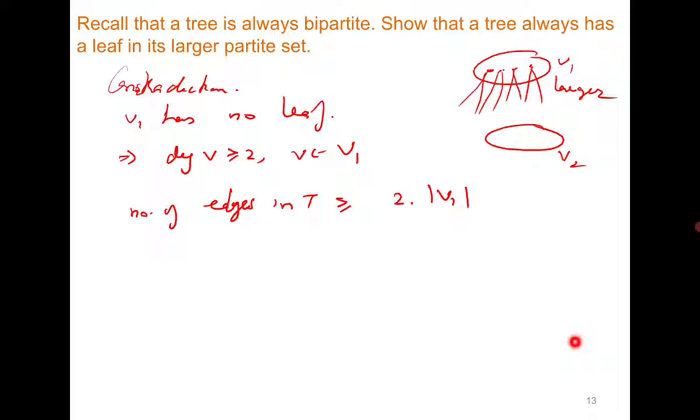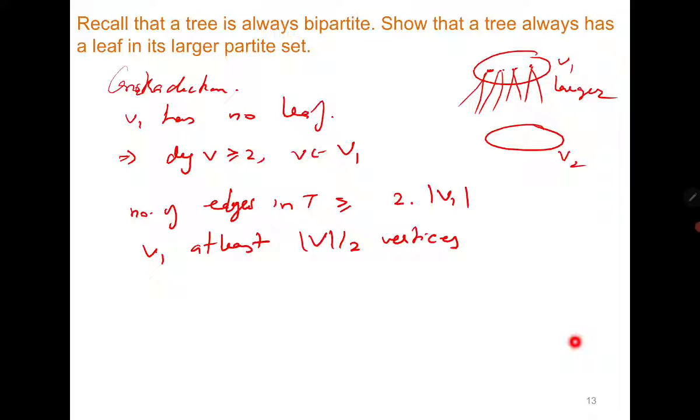Now V1 is the larger partite set. There are two partite sets, V1 and V2. This means that V1 has at least n by 2 vertices, because it is the larger set.